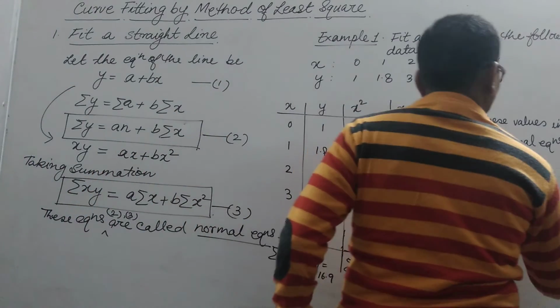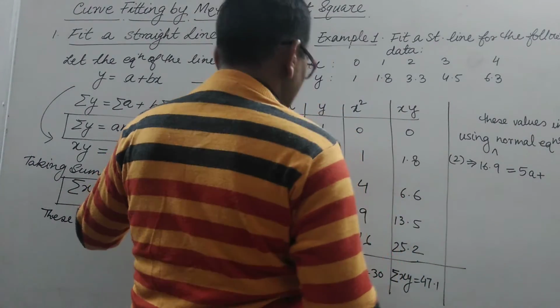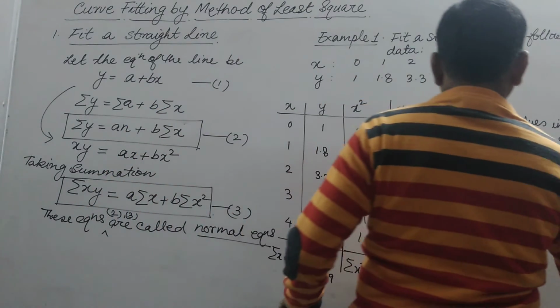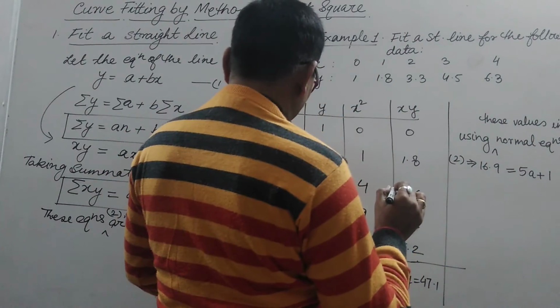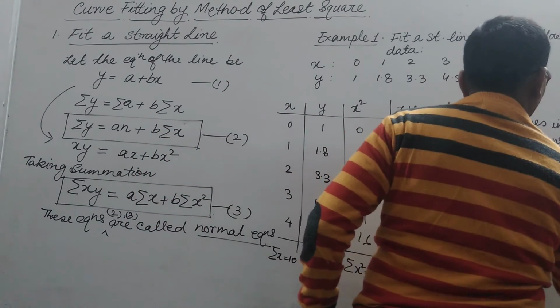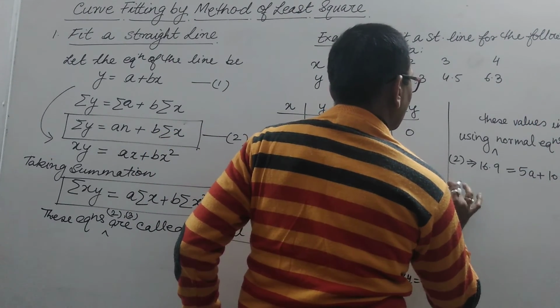So this is 5a plus b sigma x, and sigma x is 10, so 10b.